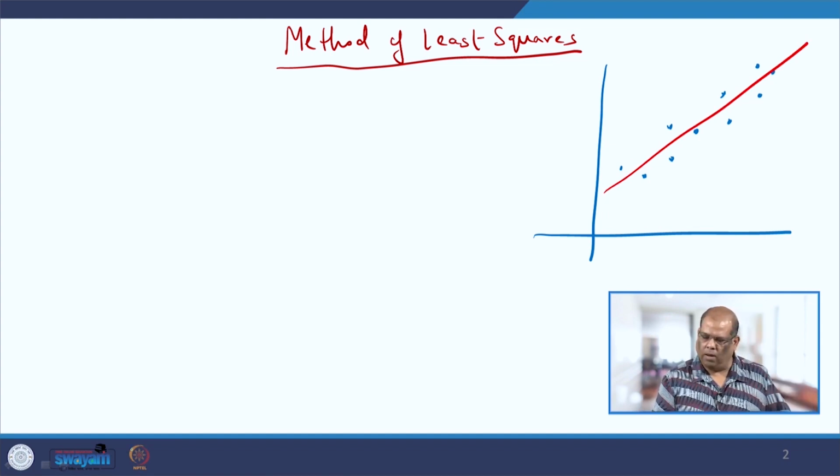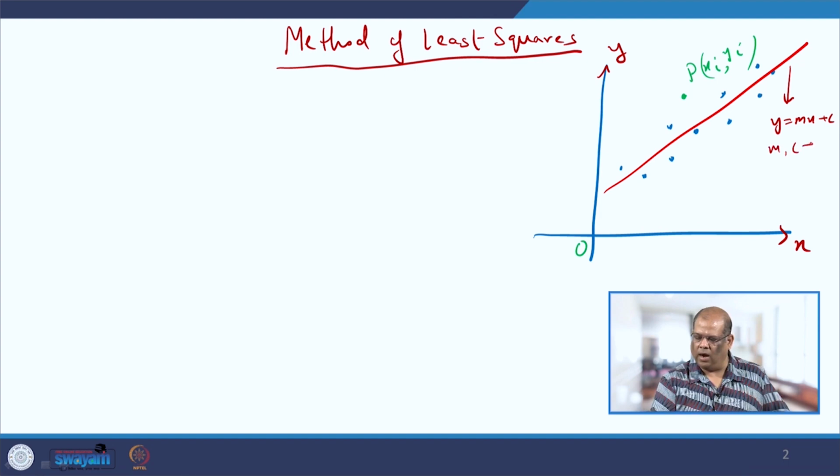So, this is the x axis and the y axis, and we take the equation of the form y equal to mx plus c. Here m and c are the parameters which I need to estimate using these data points. So, I choose a data point and I name it as xi, yi.